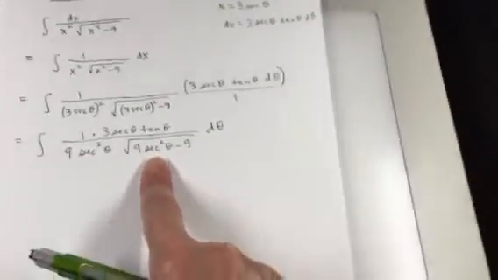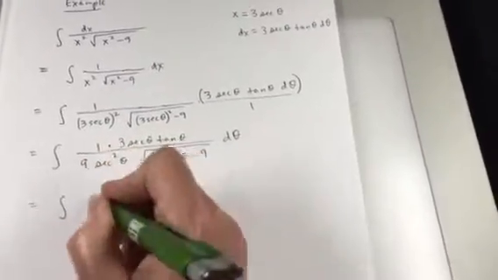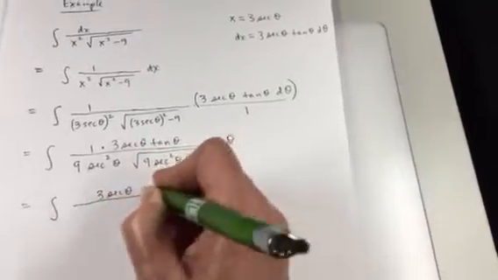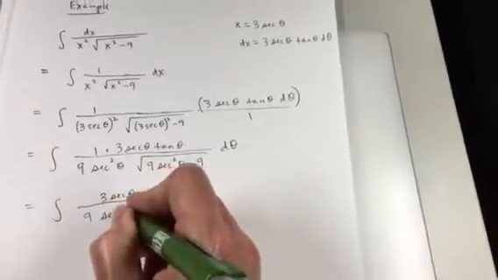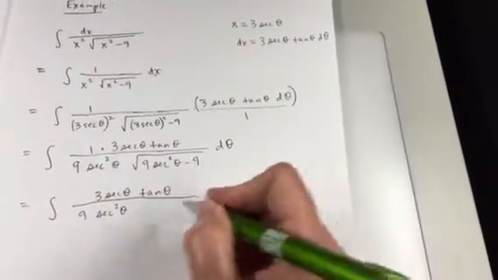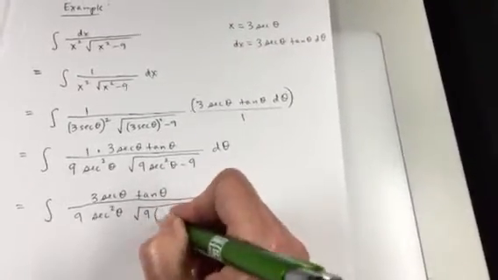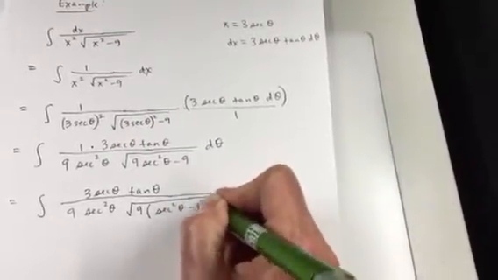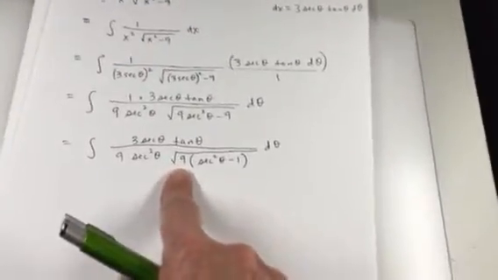Inside the square root, factor a 9 out. And you can start simplifying if you want, reducing a few things, but I'll usually wait through a few steps here. If I factor that 9 out, 9 is still under the square root, secant squared theta minus 1 d theta. Since it's multiplied, I can do the square root of 9.